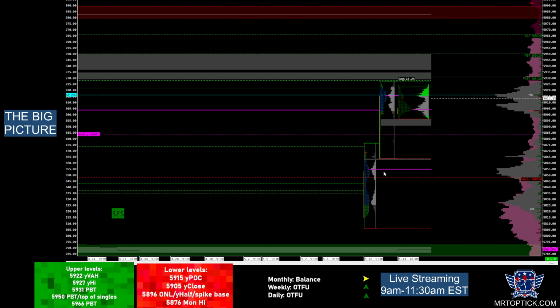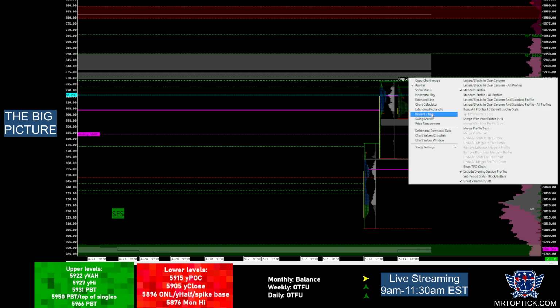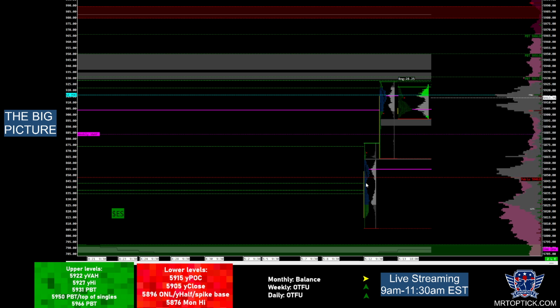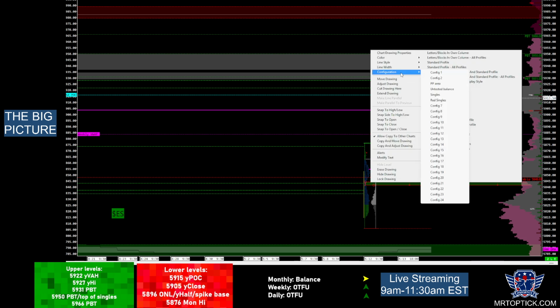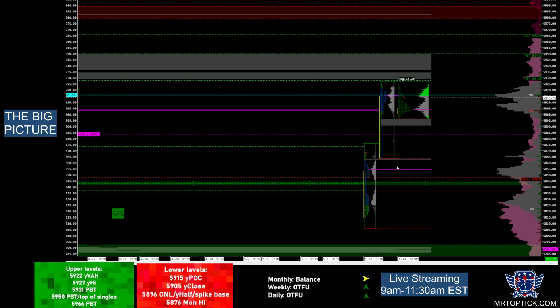And then from here, this is a double distribution. So here will be the scenario that I described, I think it was yesterday, where I said look at this double distribution as two separate sessions.